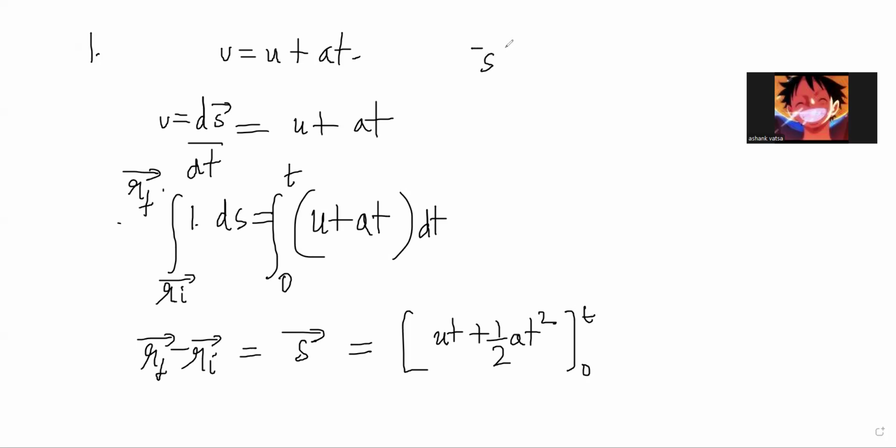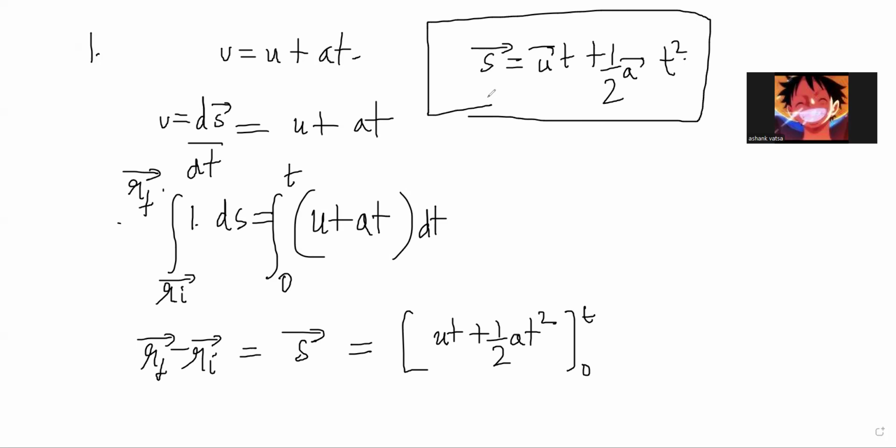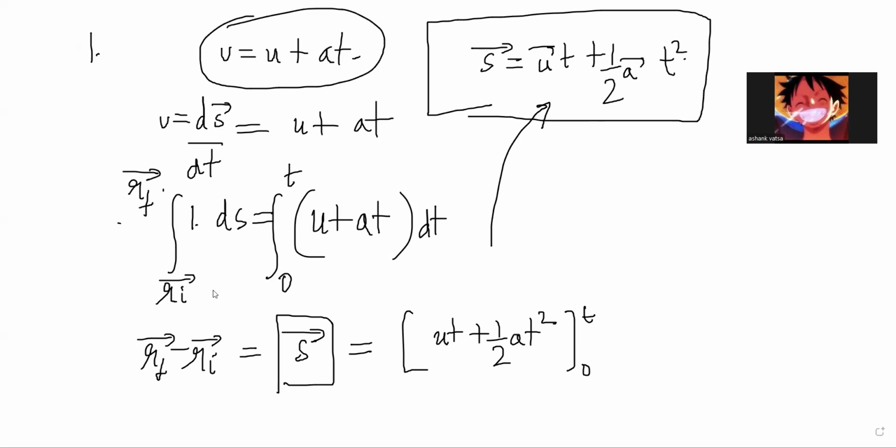So ultimately you end up with S is equal to ut plus half a t square, right? Yes, sir. This S stands for the total displacement that has happened. Is it clear? Yes, sir. So that is the derivation of your second equation. Again, it is coming from the first equation and a simple integration after realizing the definition of velocity.